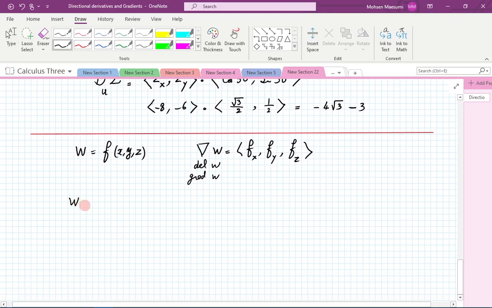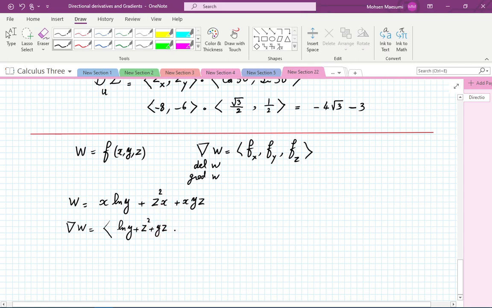So suppose I have w equals x logarithm of y plus z squared x plus, say, xyz, some mix of peculiar functions. So del w, what is this? Simply we take derivatives.